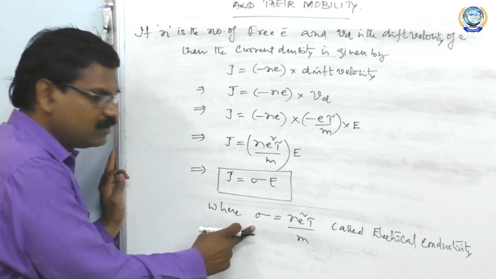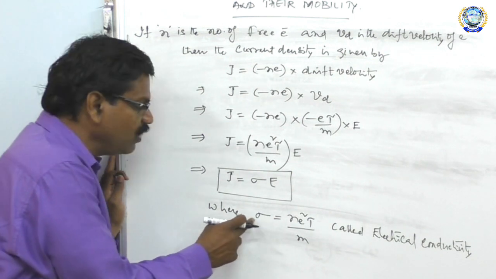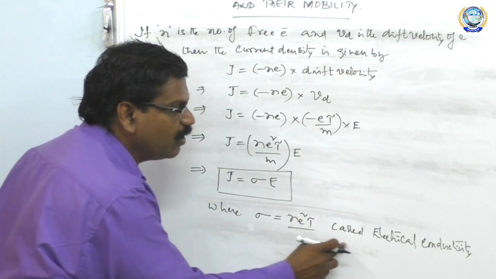We can call this sigma, sigma is equal to ne square tau by m, called electrical conductivity.